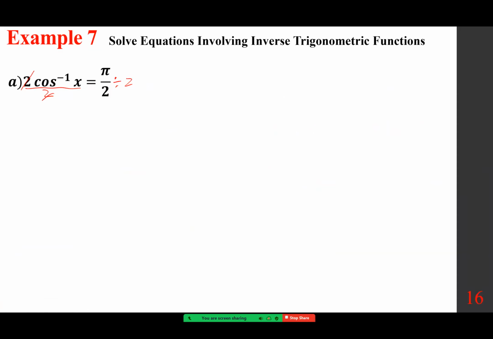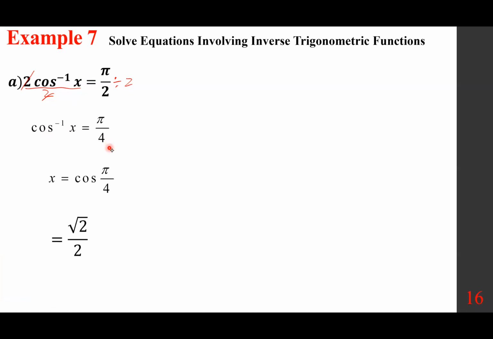So cosine inverse of x becomes pi over 4. By definition, x must be cosine of pi over 4. And we know cosine of pi over 4 is a common arc, and it's square root of 2 over 2.